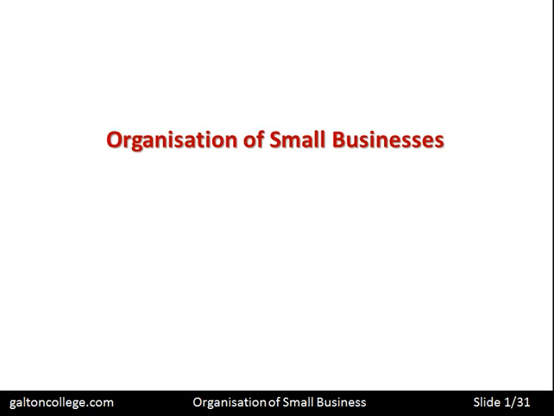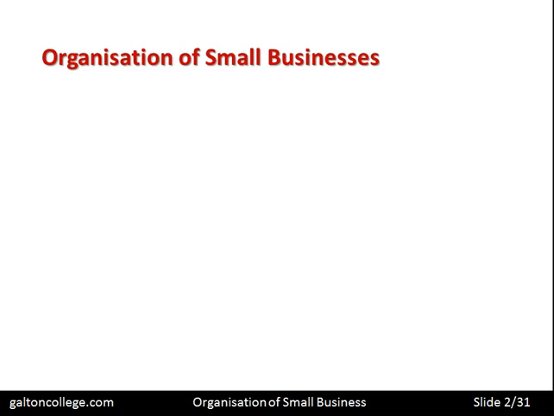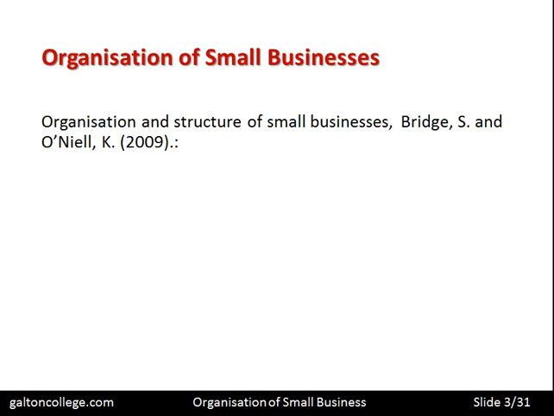In this video, we want to consider the organization of small business. The notes in the video are broadly based on the work of Bridge and O'Neill, 2009, a reference that we've met in other videos on the course.